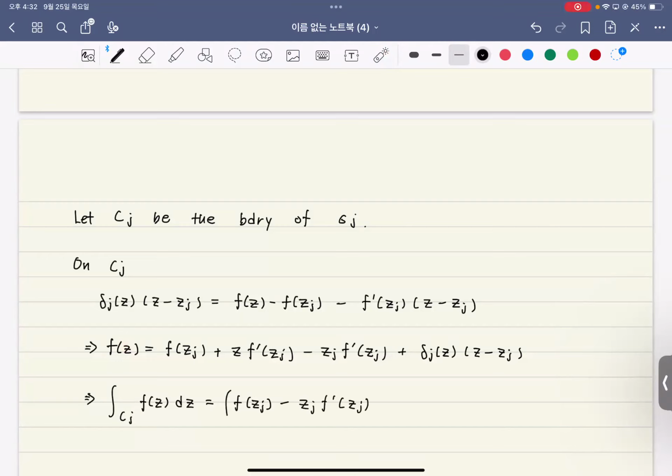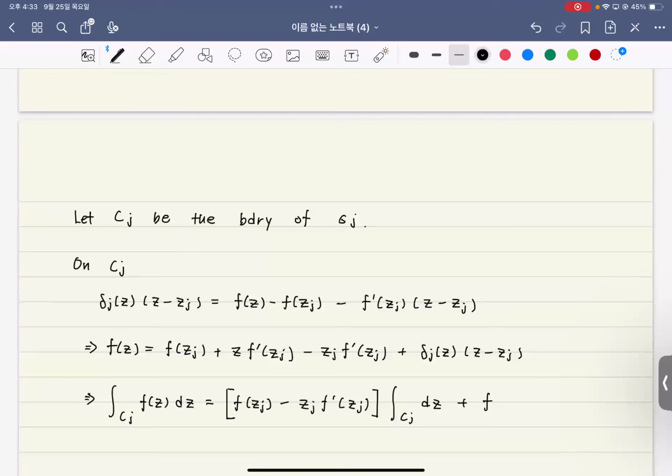They're just constants. So the integral over Cj of just dz. And this is different, because this is a variable and this is constant.